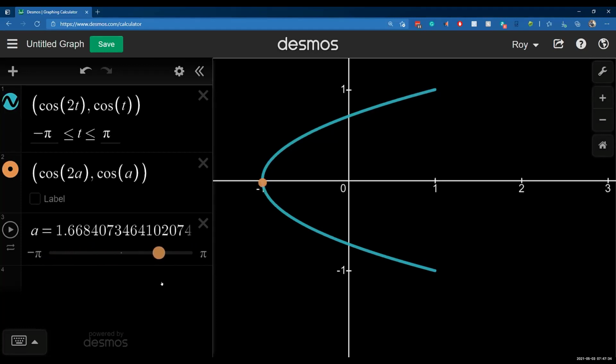So you have to be very, very careful about that, especially if I were to ask the arc length of this curve. If you tried to compute the arc length and you went from negative pi to pi, you would actually double count the arc length. So you have to be very careful about that. You want to make sure that you graph it out to see if it actually retraces itself. You don't want it to do that.